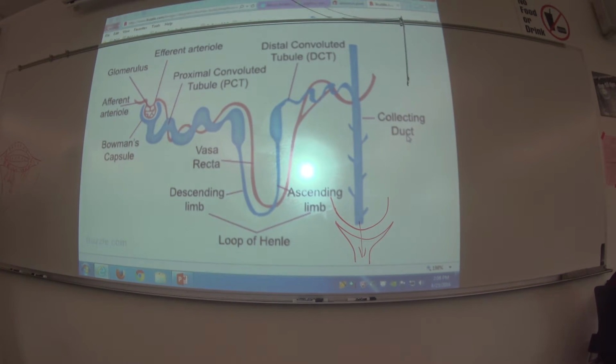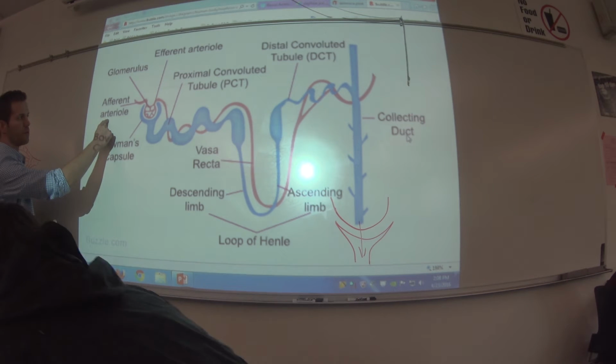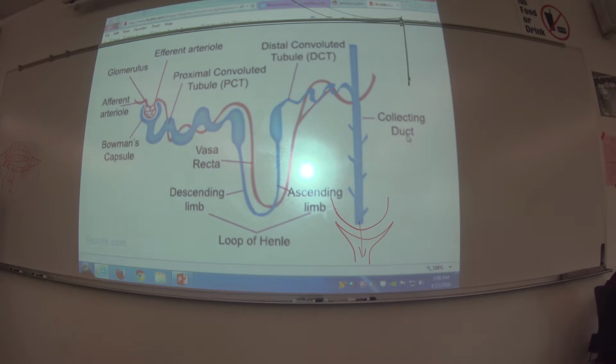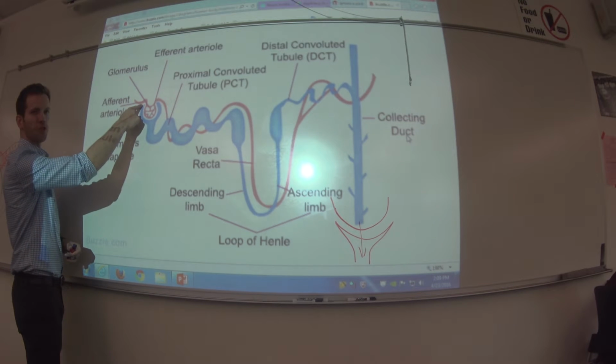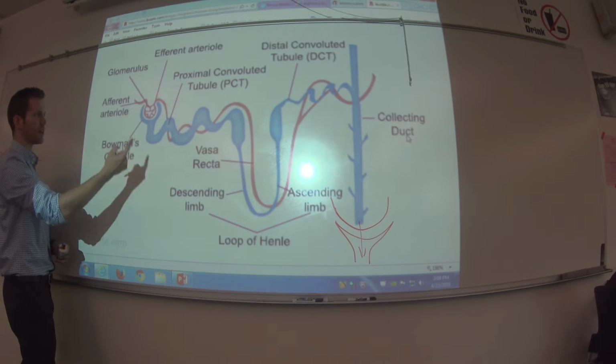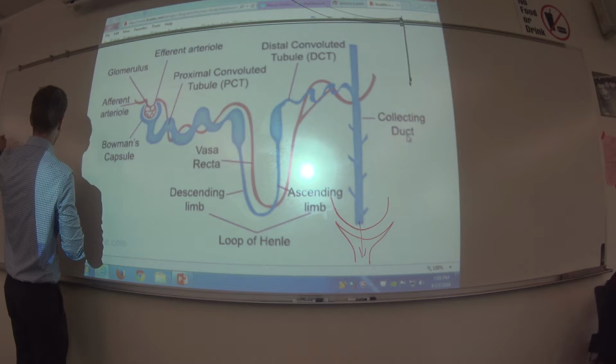Now, if we talk about each one of these structures, arterioles we've mentioned before. Arterioles are just the last vessels that still have smooth muscle on them that control, so this circle I'm drawing is a sphincter. It's representing a sphincter in the arteriole that leads to this normal capillary bed over here. If I constrict this or dilate this, I'm going to control blood flow through the capillary bed. Well, you also have that same function going into this capillary bed because this one basically evolved from this one.